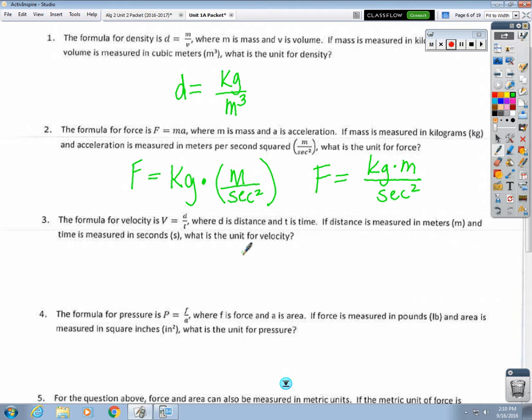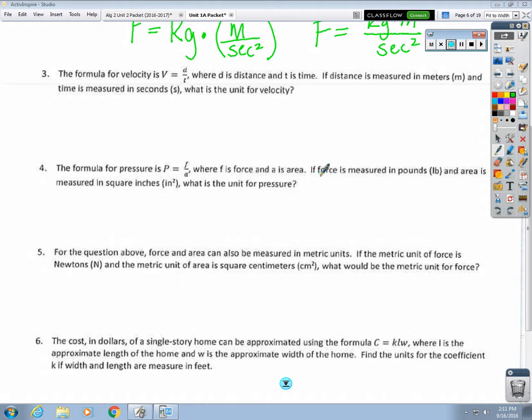Okay, so why don't you take a second and try 3 and 4. Alright, number 3, the formula for velocity is v equals d over t, where d is distance and t is time. If distance is measured in meters and time is measured in seconds, what is the unit for velocity? V equals what?